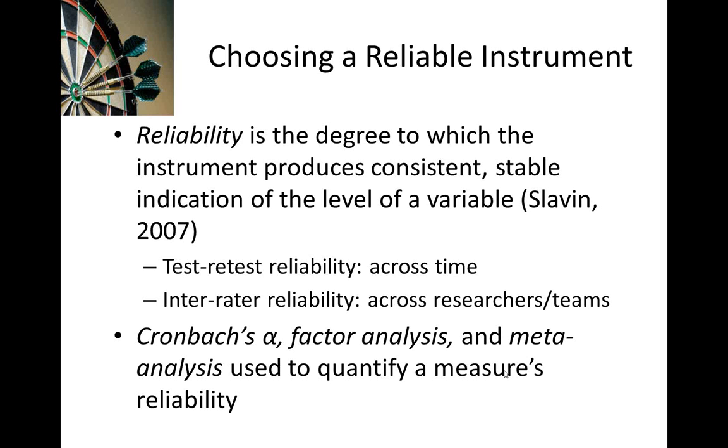And what you have is an instrument that's been used in previous studies, and they found that with the same population, let's say Afghanistan veterans, they find similar patterns for that group across time.